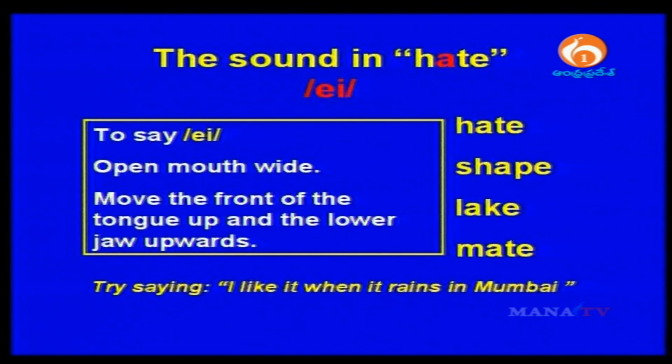I like it when it rains. There you have. Do not mistake that like has this sound. It has a different diphthong. Rain has this diphthong. And let's listen to some of these examples and repeat.